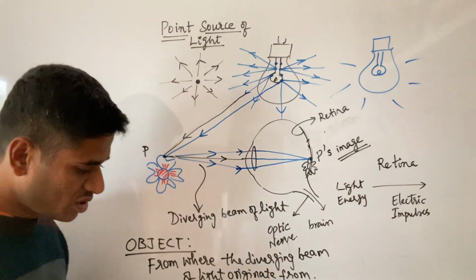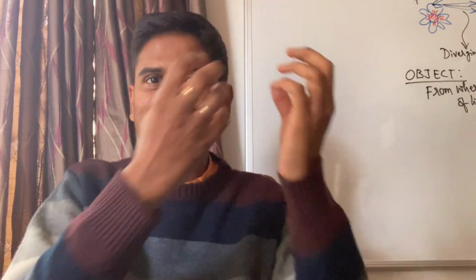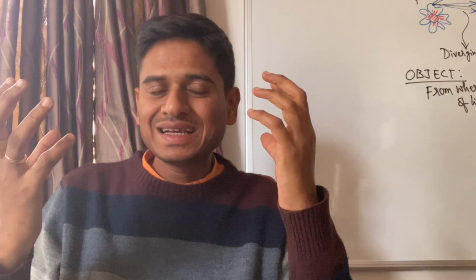You understand? Okay. So in the room, you have the same bulb, the same light falling on all different objects, and however, different objects appear to be in different colors. Where are these colors coming from? And how do different objects appear to be in different colors?